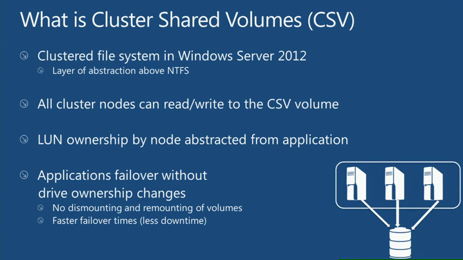But what does this bring you? Given that all nodes have access to a single LUN, when you are failing over your workload, you no longer need to mount and dismount your volume. So you have a more transparent failover experience.